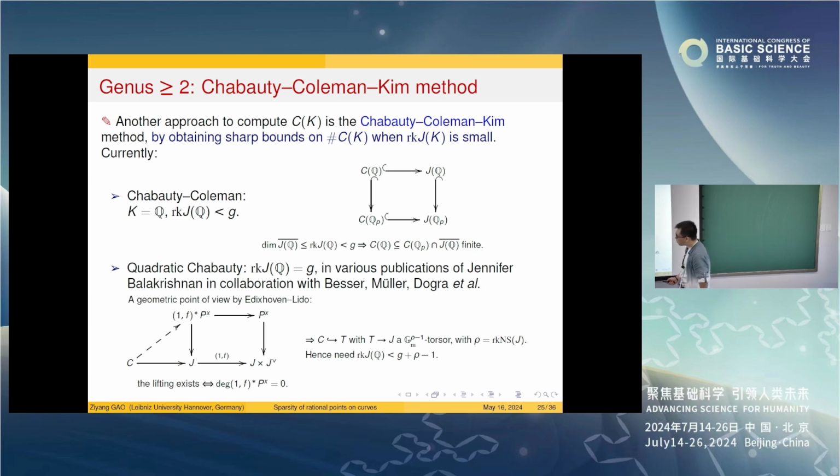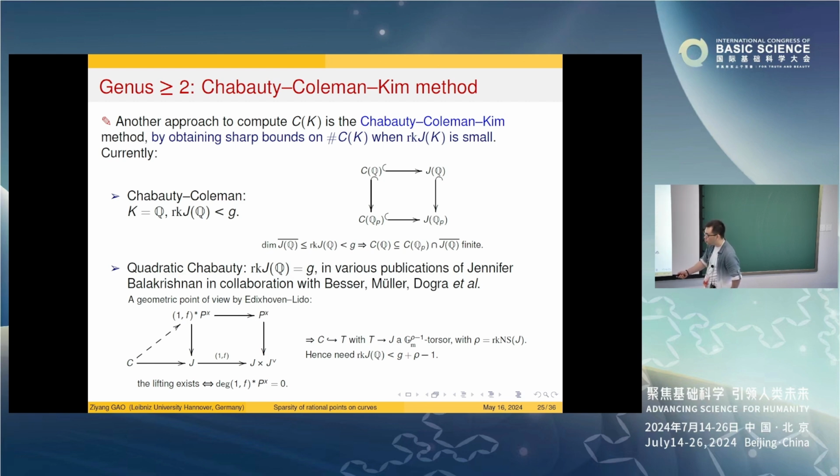So here the idea is, we see now the constraint on the rank is because the dimension of the large ambient space is g. If we can enlarge this ambient space, then we may allow some more room for the rank. And here is how to enlarge this J(Q_p), the geometric point of view by Edixhoven and Lido.